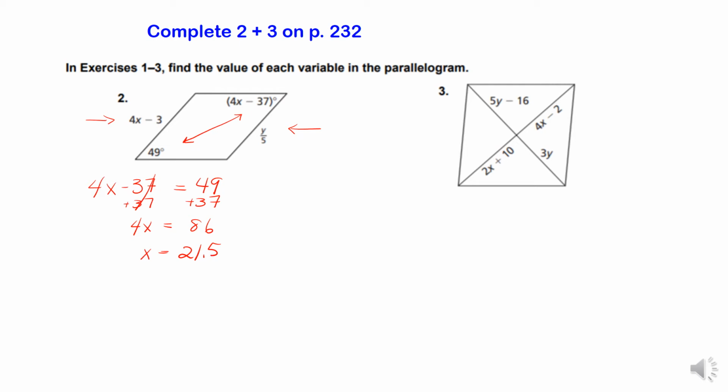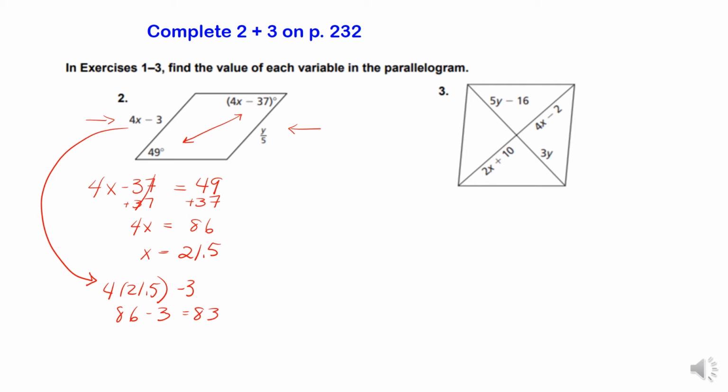If you want to make sure that works, just plug it back in, multiply it by 4, subtract 37, and it works. Now that I've got that x, I can solve for this equation. So I'm going to go 4 times 21.5 minus 3. And 4 times 21.5 is 86, minus 3 is 83.